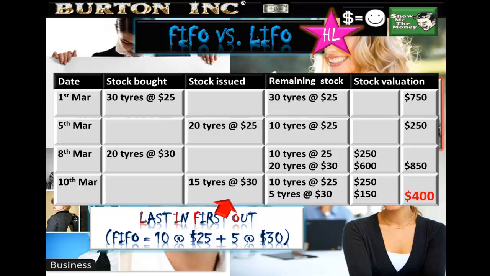That sums to $400. So our stock valuation at the 10th of March is $400, and if that was appearing in our profit and loss account, it would be affecting the cost of goods sold.